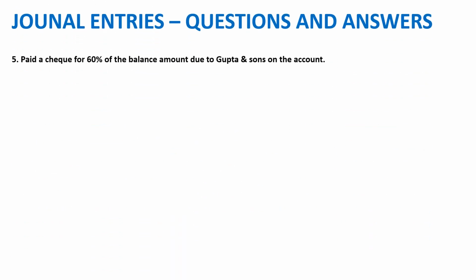Next transaction. Paid a check for 60% of the balance amount due to Gupta and Sons on the account. So what was the history? There was an advance payment of 1 lakh. Order placed was 2.5 lakhs. Then goods received is 2.5 lakhs. So what is the net amount you have to pay? 2.5 minus 1 lakh, so 1.5 lakh rupees you have to pay to Gupta and Sons. And what this transaction talks about is, out of that 1.5 lakhs, 60% of that you are releasing the payment now.